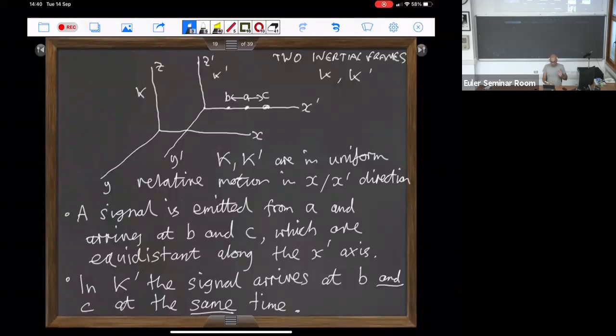The light source is moving along with K prime. So in K prime, the signal arrives at B and C simultaneously because the distance is the same.